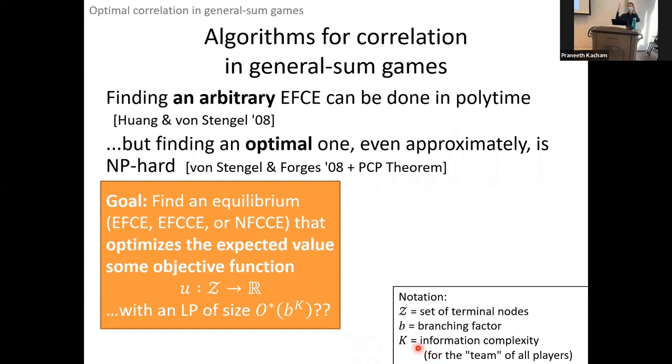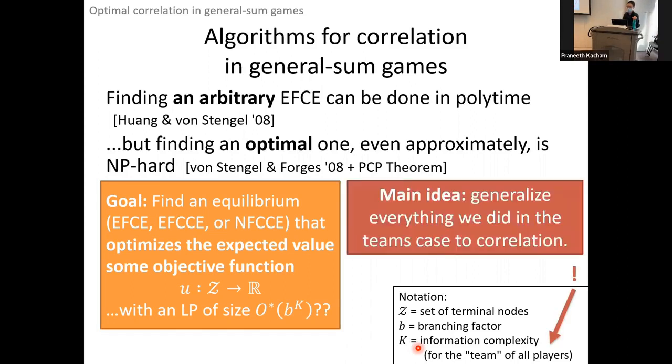This is information that is public to the whole team, and the difference between that public information and the private information of each individual player. So this parameter big K is going to be bigger than the parameter little k that we had earlier. Our main idea is going to be to generalize everything that we did in the team case to correlation. I'll only sketch the proof at this point because I'm running out of time.